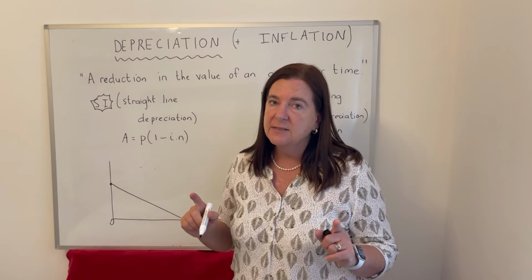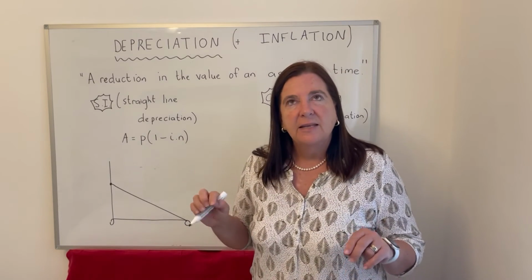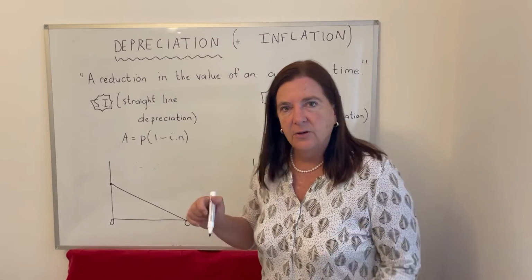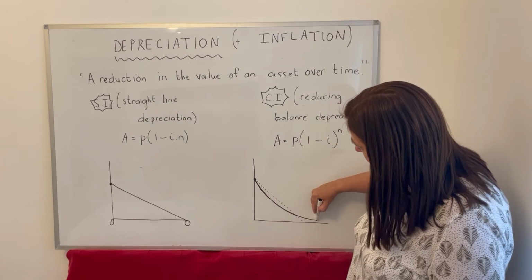And the interesting thing is that with compound depreciation, it never actually reaches 0. Look here, because of the shape of the graph, it never hits 0.